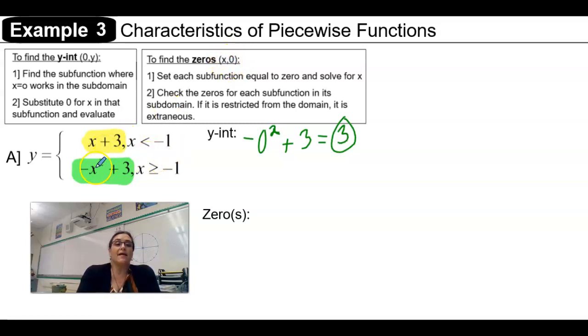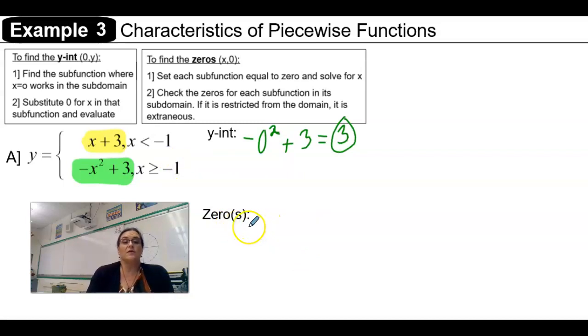Now I can't tell anything about the y's when I'm looking at the subfunctions or their subdomains. So to find the zeros, we have to set each subfunction equal to 0 and solve for x. Then once we know what x is, we can check those zeros against our subdomains to see if they're part of the solution set or not.